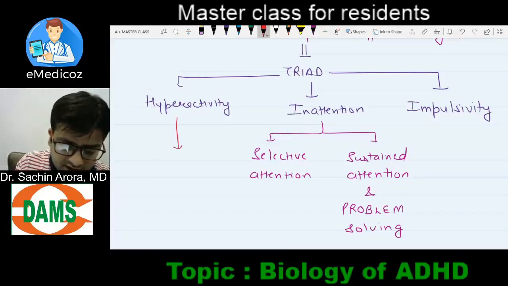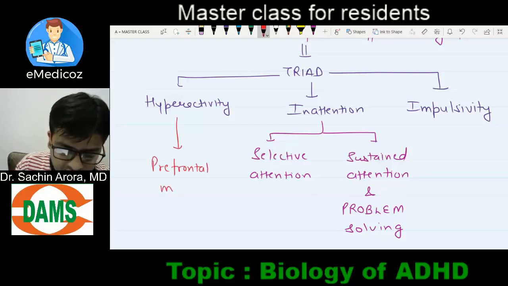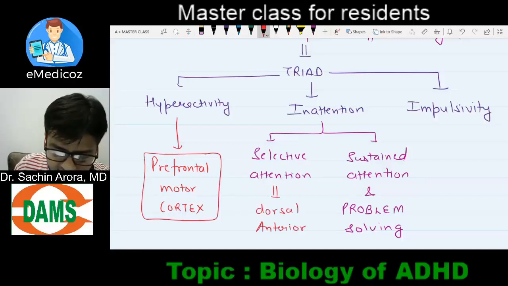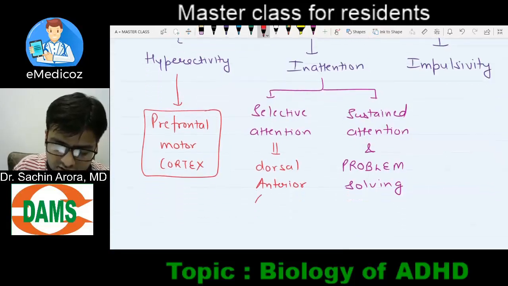Hyperactivity is linked to prefrontal motor cortex. Selective attention is linked to dorsal anterior cingulate cortex.